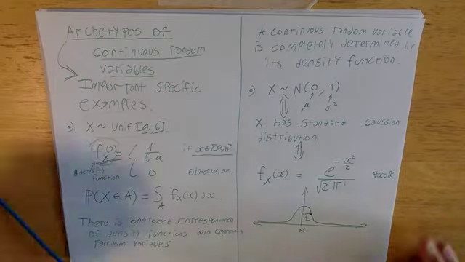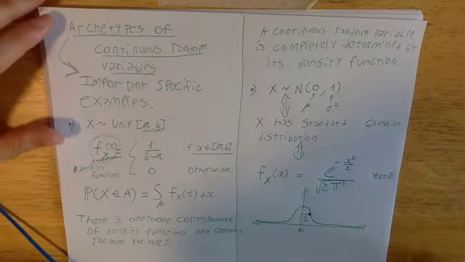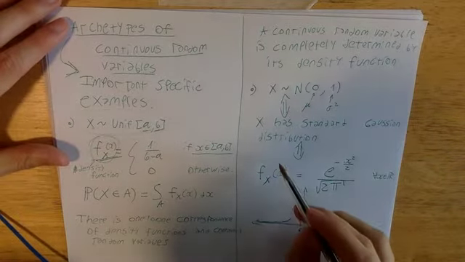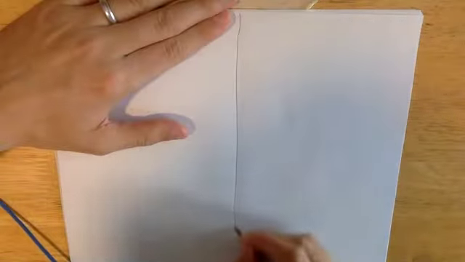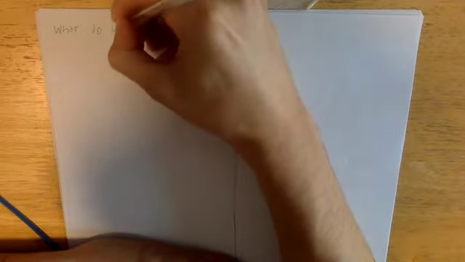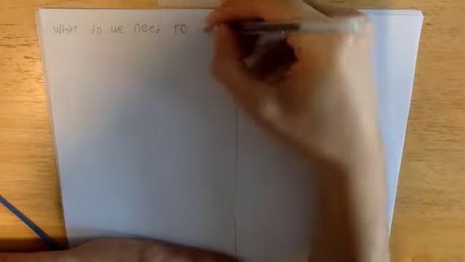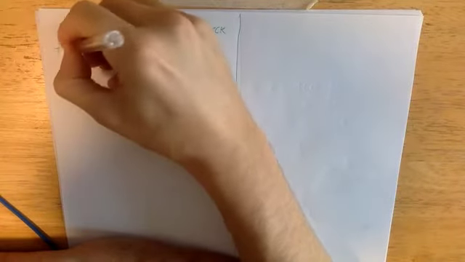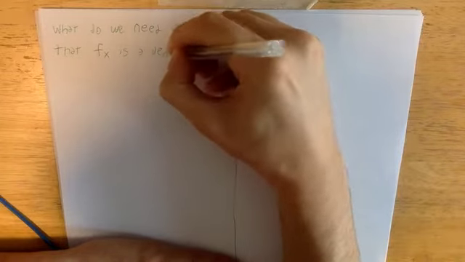Okay, so first, one of the things that we should check is that this is a density function. What do we need to check that f(x) is a density function?